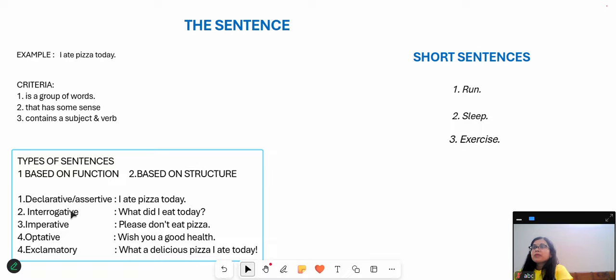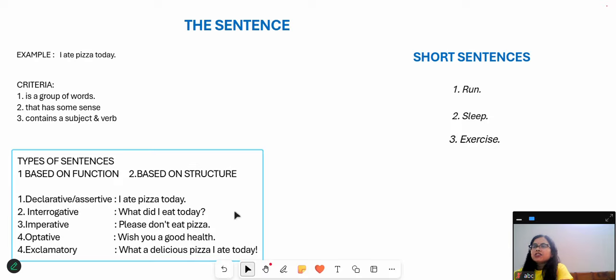For example, "I ate pizza today." This is giving some information, so this is a declarative sentence. The second type of sentence is an interrogative sentence. An interrogative sentence is one which asks a question and it always ends with a question mark.